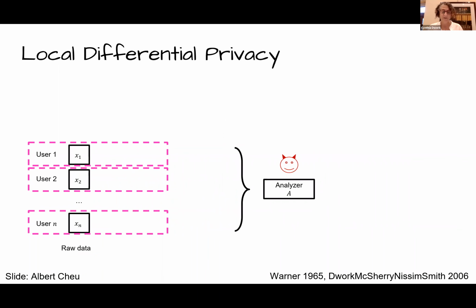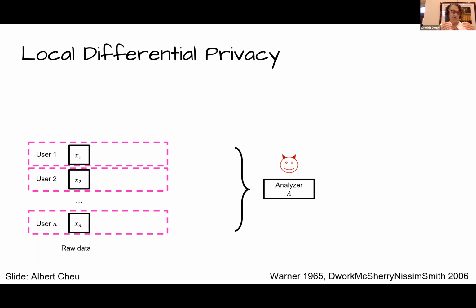Now, another model, which actually dates back to a protocol of Warner in 1965 for enabling people to answer surveys about embarrassing or even illegal activities, is formalized as follows.